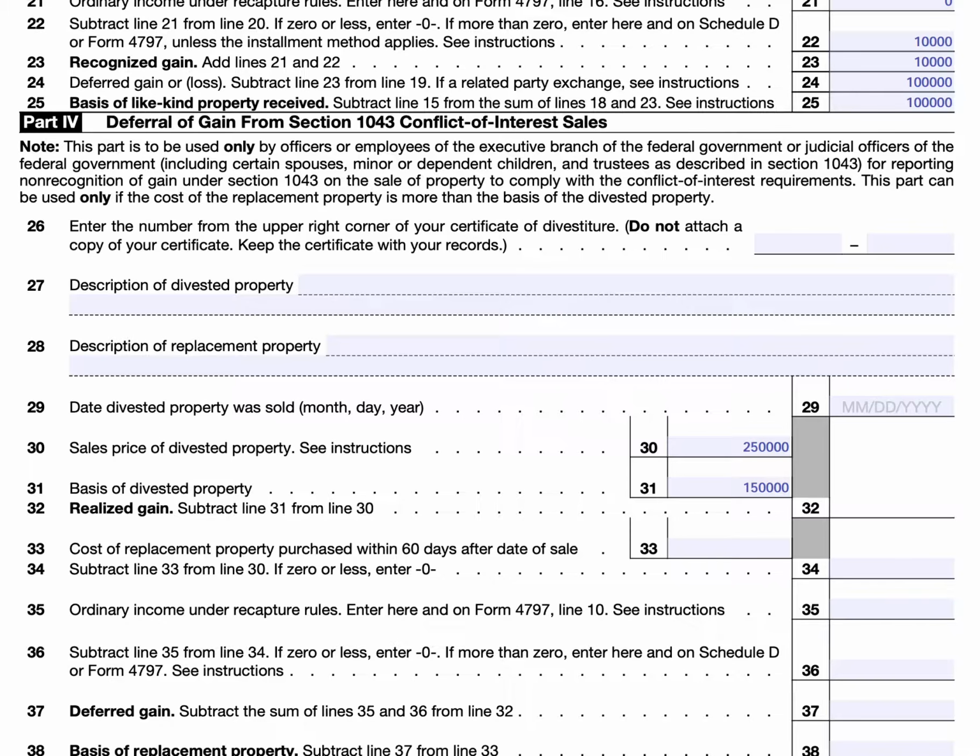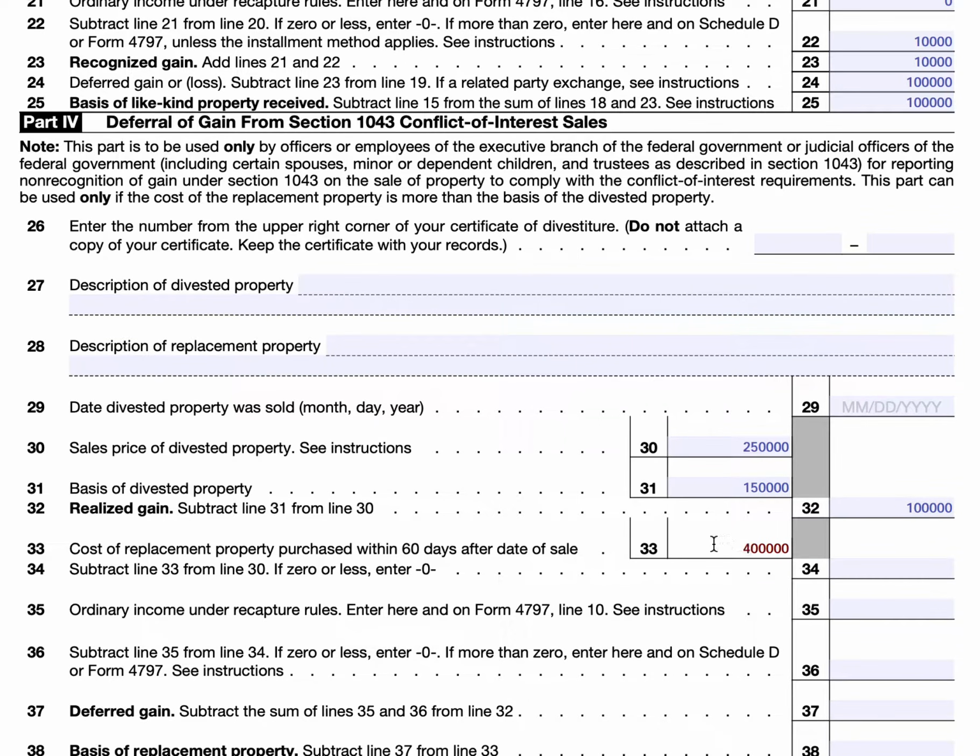So your realized gain is the difference of those two. Now, if you are divesting a property under conflict of interest rules, you can replace that property within 60 days of the date of sale. And if you did do that, then you would enter the new replacement cost here.